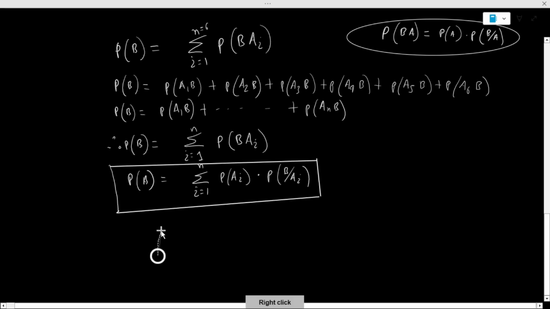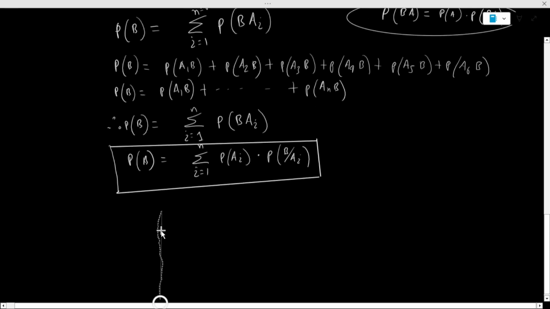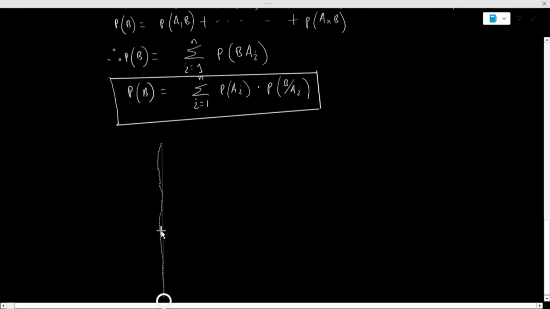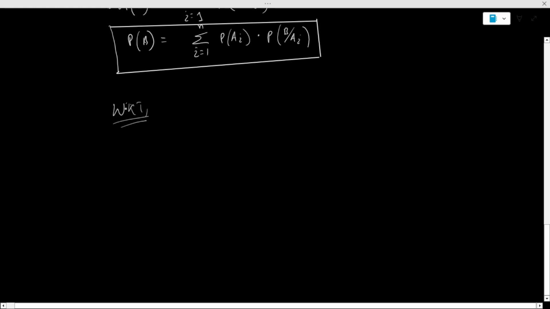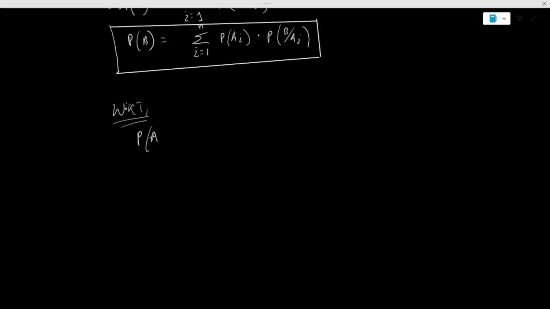Now let us substitute the value of probability of B in our Bayes formula. According to our Bayes formula, probability of A conditional on B is equal to probability of A into probability of B conditional on A, divided by the probability of B.